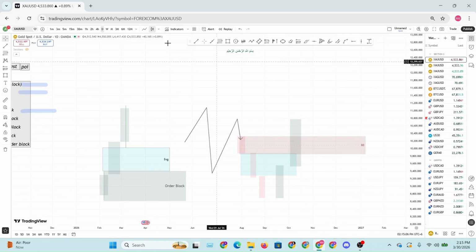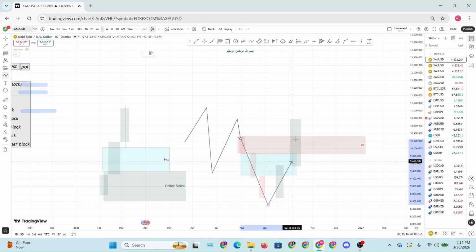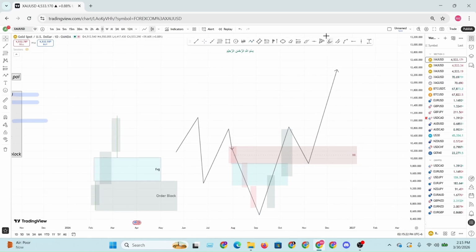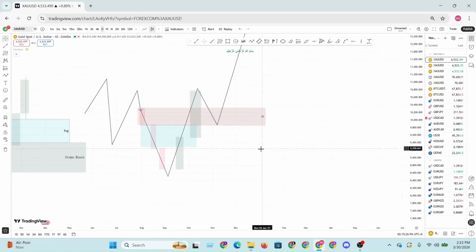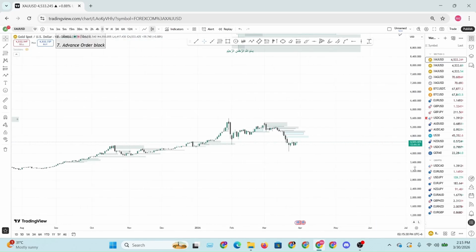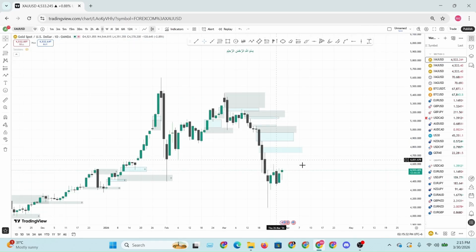Then the market will react like this: break and just retest. So let's see an example.